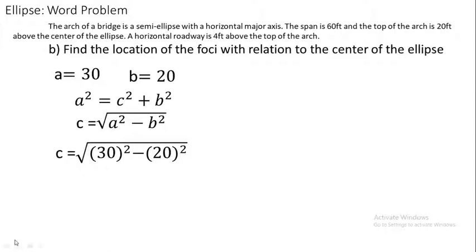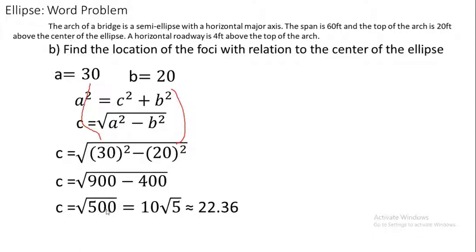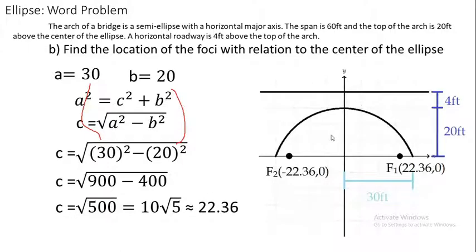We substitute a here and b here. 30 squared is equal to 900, 20 squared is equal to 400. 900 minus 400 is equal to 500. c is equal to the square root of 500, which equals 10 square root of 5, or approximately 22.36. So it means that the foci, the two foci, are 22.36 feet away from the center.